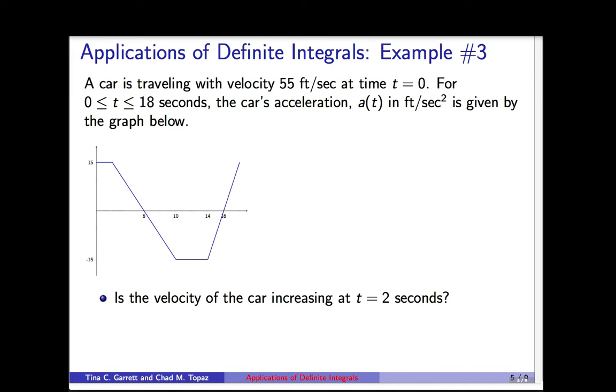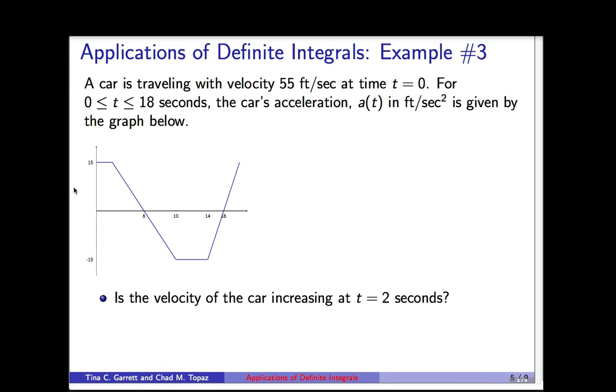We're getting into a slightly more difficult example, and this is actually using a graph you've seen before. Here's a problem where we want to talk about a car traveling with velocity 55 feet per second at time 0, so we know a little something about our initial velocity. And then I'm going to give you a picture of the car's acceleration.